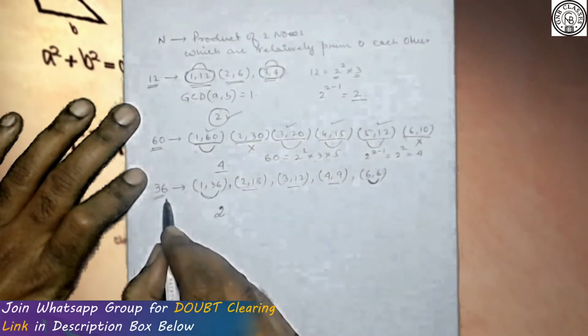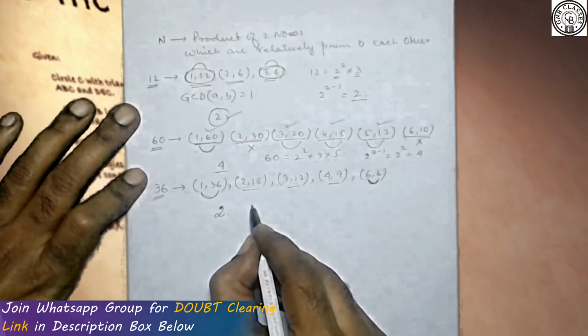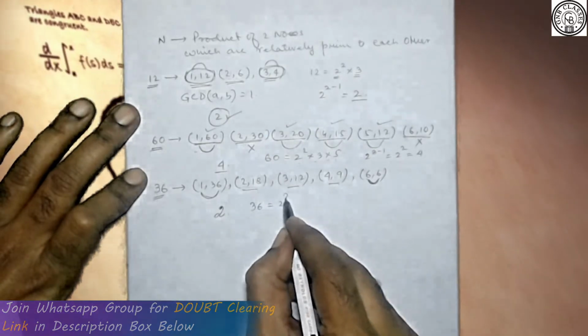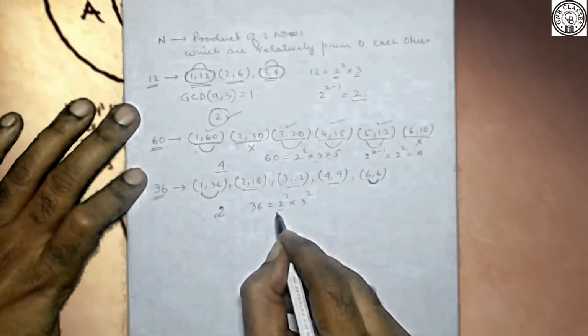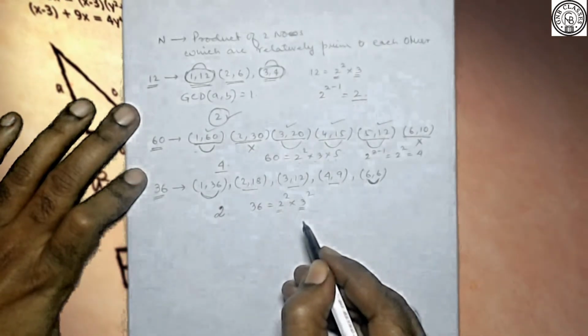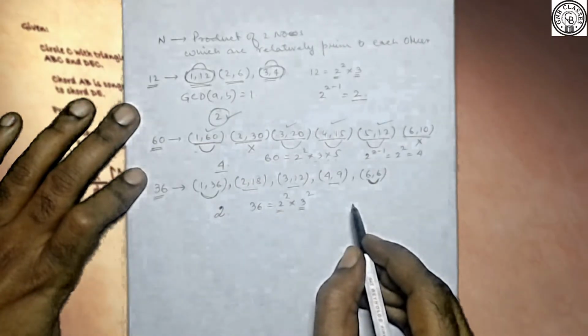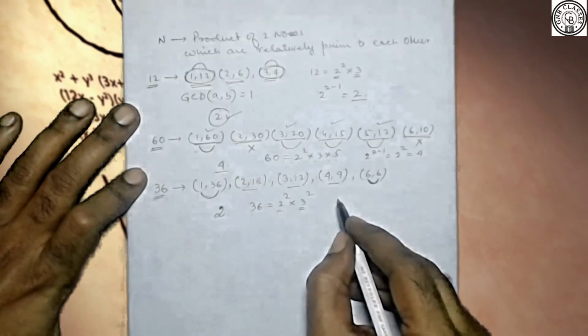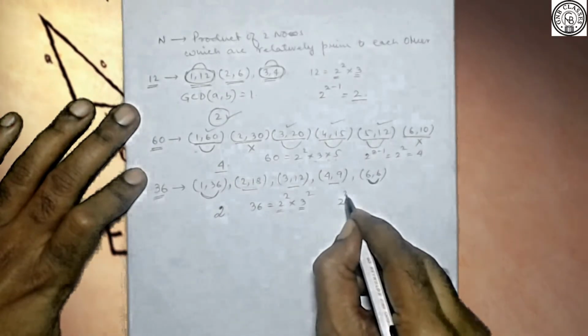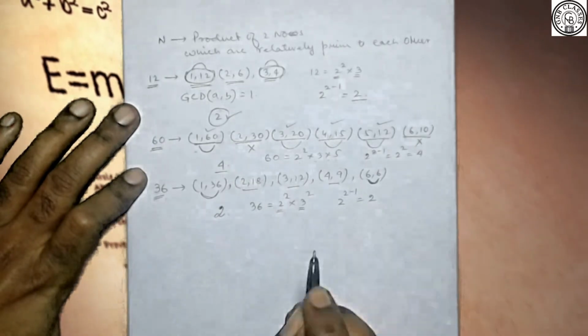And for 36, which is 2 square into 3 square, we have 2 distinct primes. So the total number of ways in which it can be expressed as a product of two relatively prime numbers will be 2 to the power 2 minus 1, that is 2.